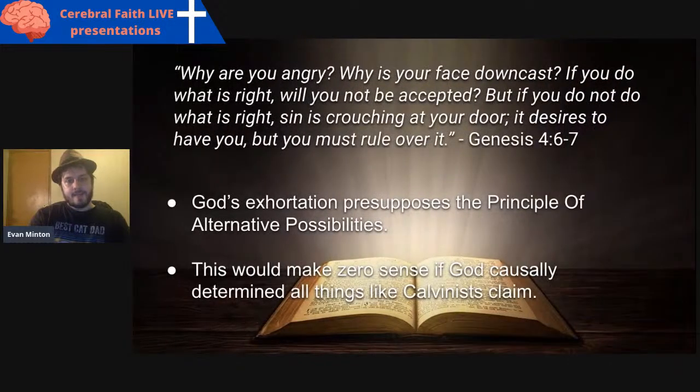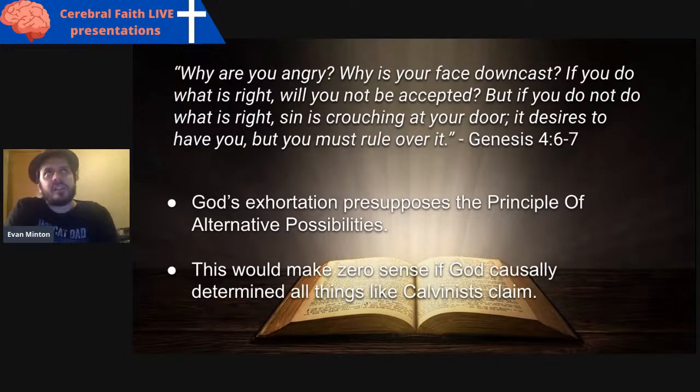Now, I am going to argue that if the Calvinists are right, or at least most Calvinists, I know there are some outliers like Greg Koukl of Stand to Reason who affirm the TULIP, but they believe man has libertarian free will in every other area of life. But most Calvinists affirm what is called exhaustive divine determinism.